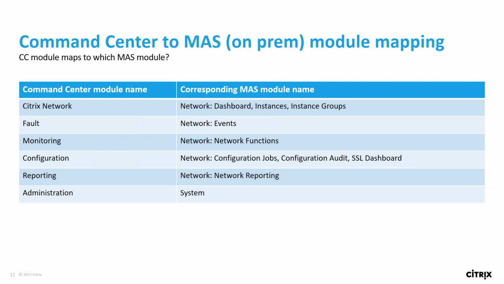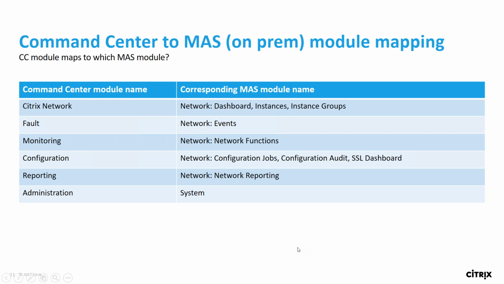Monitoring is now under network functions. I mean, the same use cases would be satisfied. The configuration use cases you'll be able to find under MAS network configuration jobs, configuration audit, SSL dashboard. Earlier in Command Center, SSL as well was some part of the config module. Now it's a whole new module as it supports a breadth of new use cases.